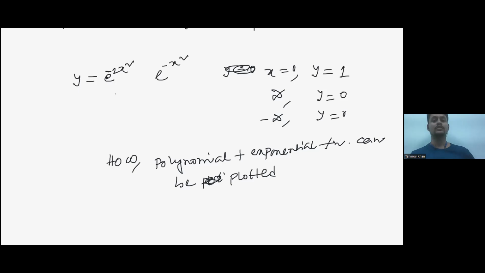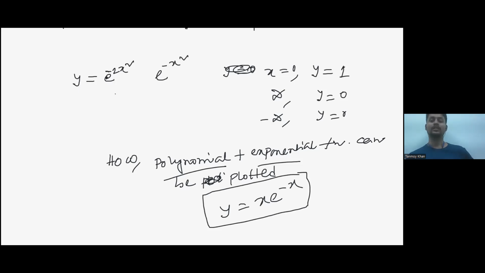If a function consists of both polynomial and exponential, like y is equals x e to the power minus x, how will it work? This will be the case for kinetic reactions and nuclear reactions, so this is very, very important. We'll learn this in the next class, right? How we can draw a function having both a polynomial part and an exponential part.